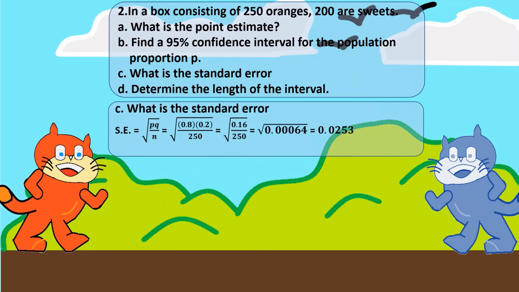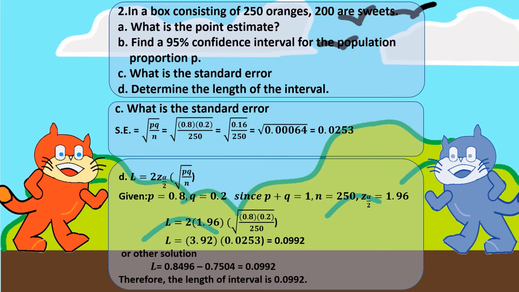For letter C, what is the standard error? Our standard error is the square root of PQ all over n. So 0.8 times 0.2 is 0.16 divided by 250, that's 0.00064, and the square root of 0.00064 is 0.0253.